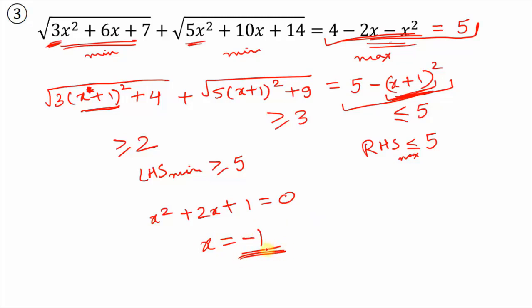Of course, if this question came as an objective type question, you can simply put the values of x and check which value satisfies. But as CAT is getting smarter day by day, the question that will come here will be: find the number of solutions. How many solutions does this equation have? For that, your answer will be one solution, x is equal to minus 1.